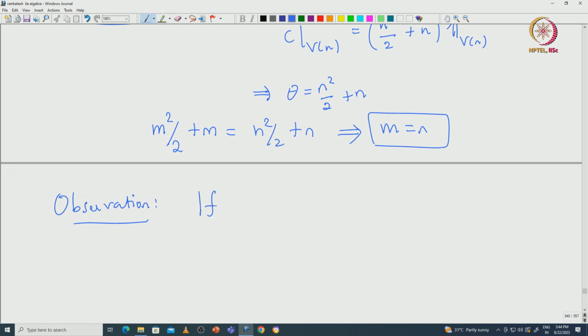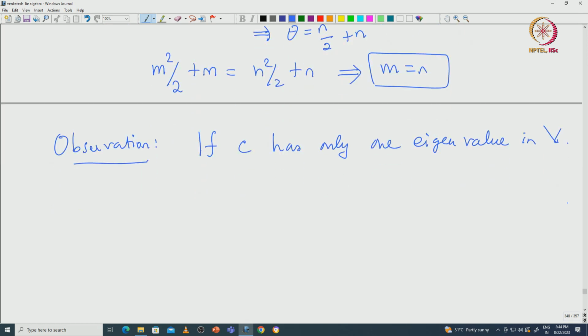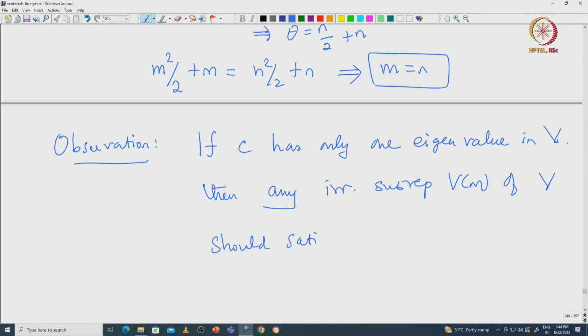If C has only one eigenvalue in capital V, then any irreducible sub representation V m of capital V should satisfy m squared by 2 plus m equal to theta.